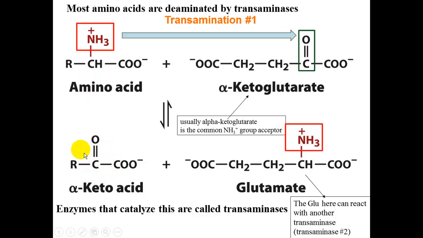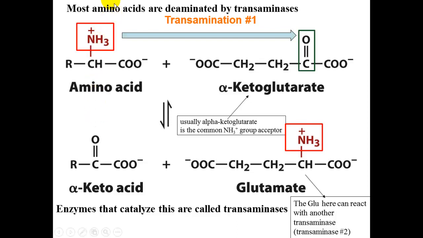We've talked briefly about some alpha keto acids and their corresponding alpha amino acids. For example, for the alpha amino acid aspartate, its corresponding alpha keto acid is oxaloacetate. So like that, all 20 or so amino acids have their corresponding alpha keto acids generated via these transaminases.